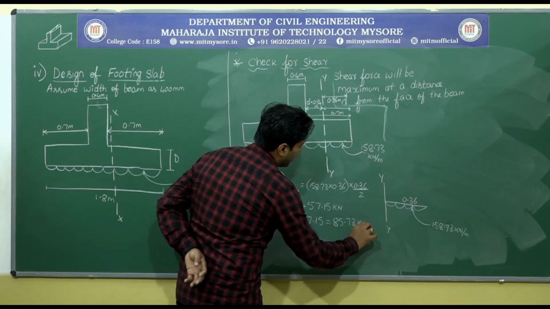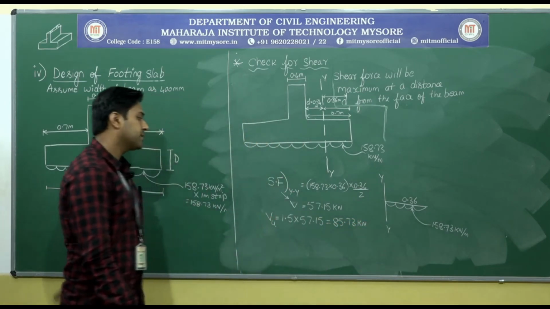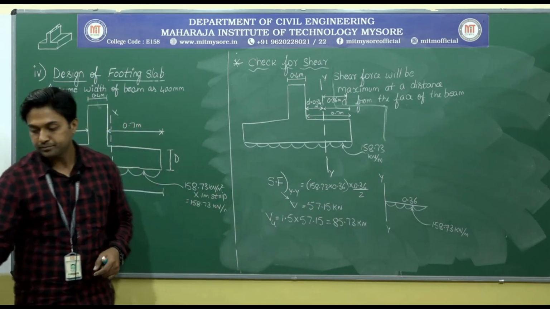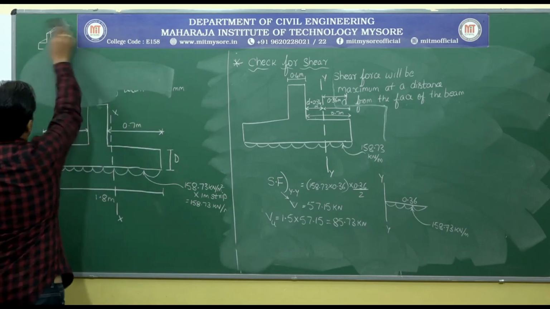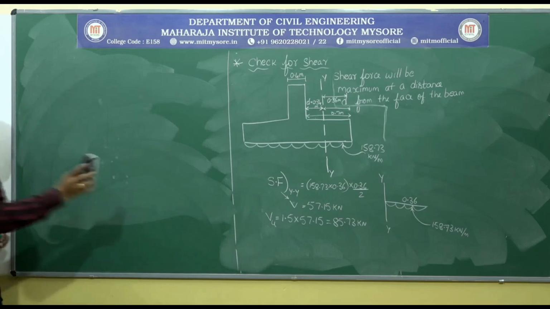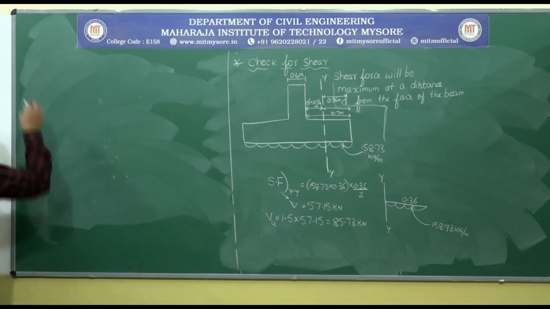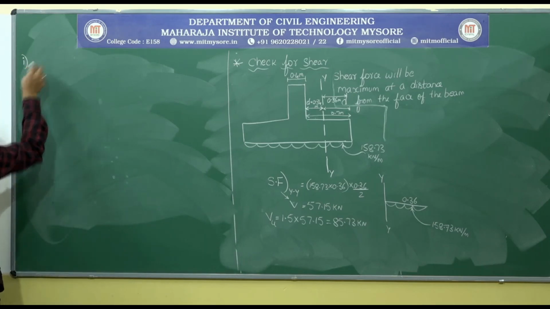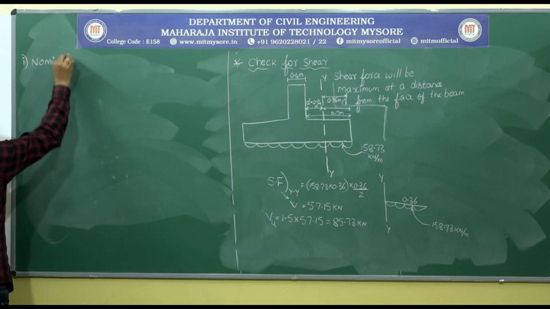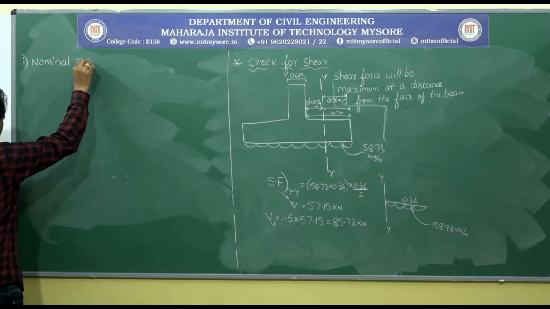So now let me go one by one. I will be rubbing this. So I will be going with step 1. So under check for shear, the first one is nominal shear stress.